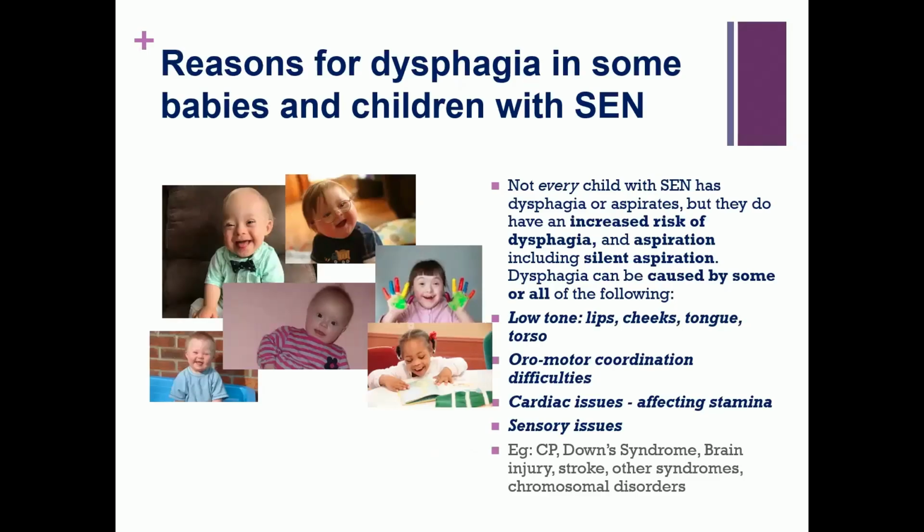So the reasons for dysphagia, why does it happen? And I think it's important to emphasize that not every child with a special educational need has a dysphagia or even aspirates. But what we do know is that some children with SEN do have an increased risk of dysphagia, and that risk is actually higher for children with Down syndrome.